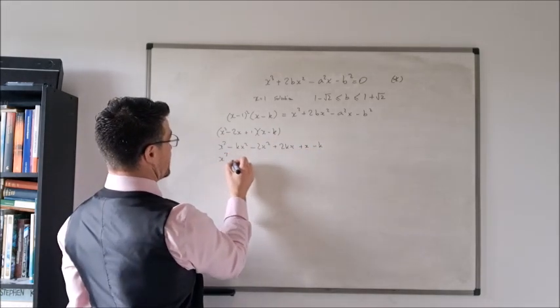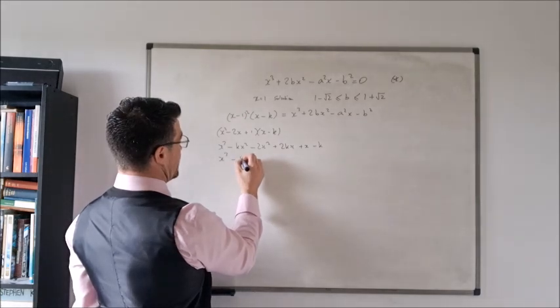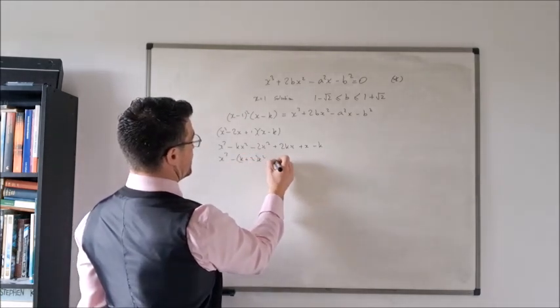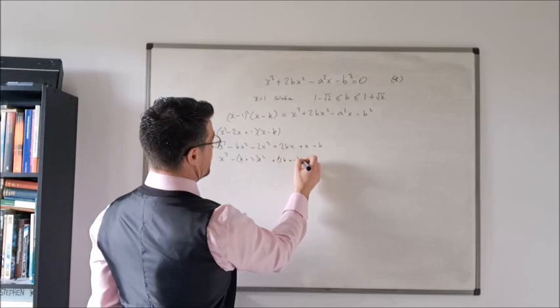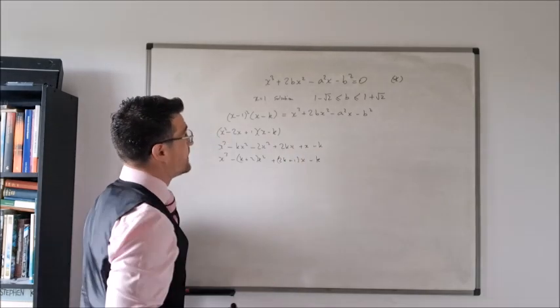Tidy up a little bit: x cubed minus (k plus 2) x squared plus (2k plus 1) x minus k.